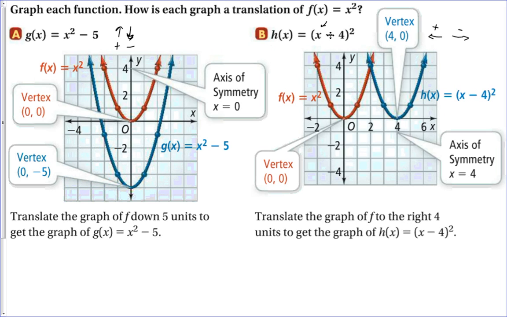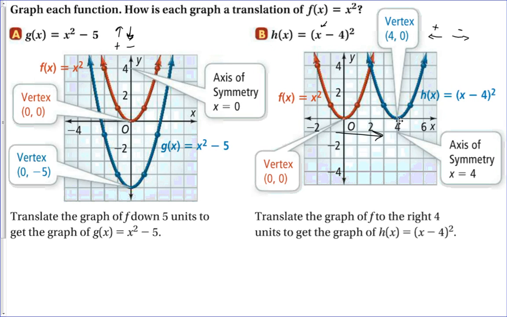So since we're doing x minus 4 quantity squared, that means we're taking our parent function and moving it to the right 4 units. So therefore, our vertex changes from 0, 0 to 4, 0, because all of our y values stay the same, all of our x values increase by 4.